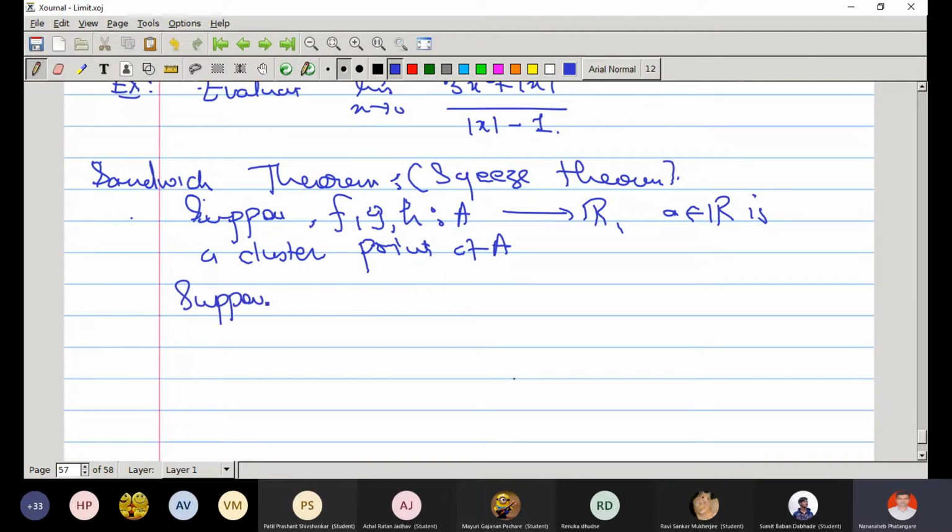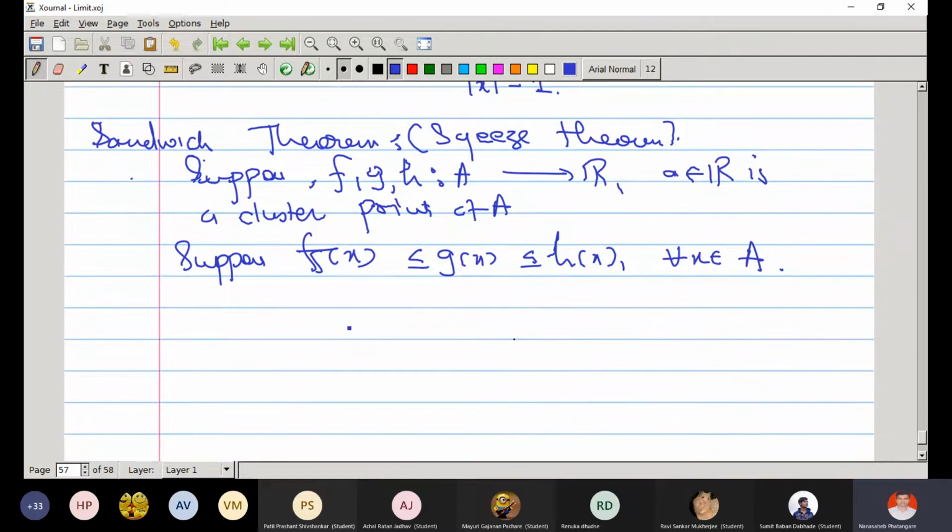Suppose f of x is less than or equal to g of x, which is less than or equal to h of x, for every x in the domain.